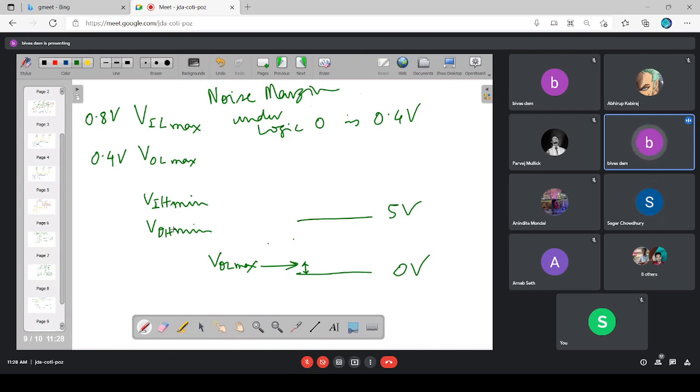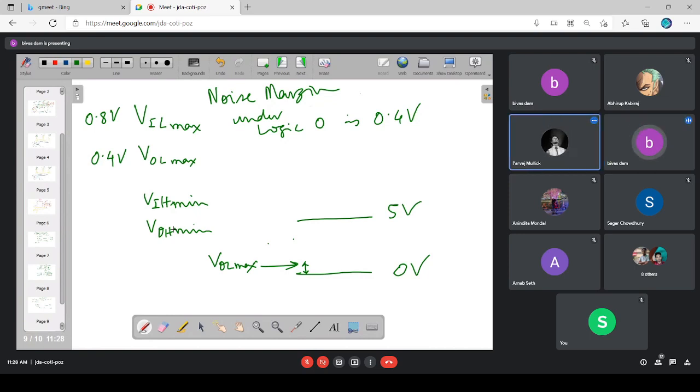Sir, minimum guaranteed output signal strength under logic high condition. While outputting a logic high signal, what is the minimum guaranteed output? Now once again tell me, out of these two, which one should be higher and why?